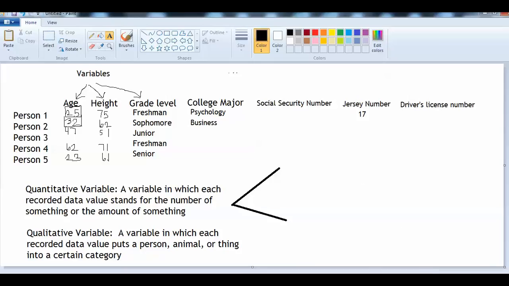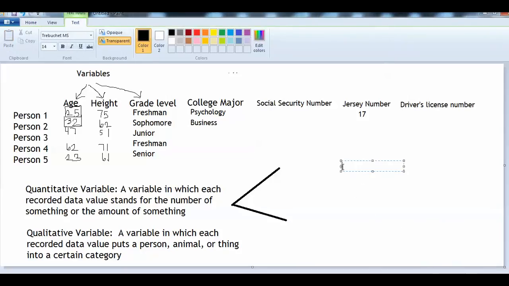So I said that we can have quantitative variables. Quantitative variables can be discrete variables, or they can be continuous variables.